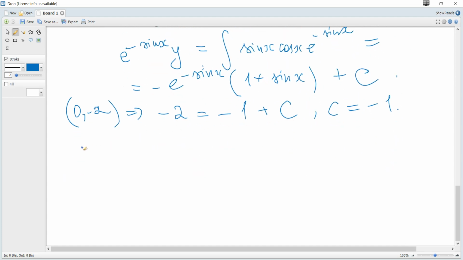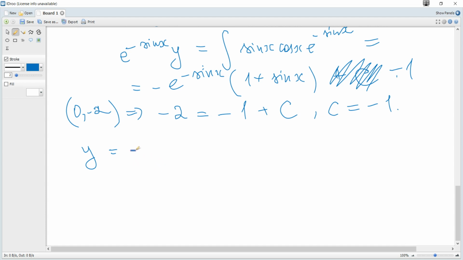And hence y is, multiplying each term by e to the power plus sine, so that e to negative sine multiplied by e to plus sine is just 1.